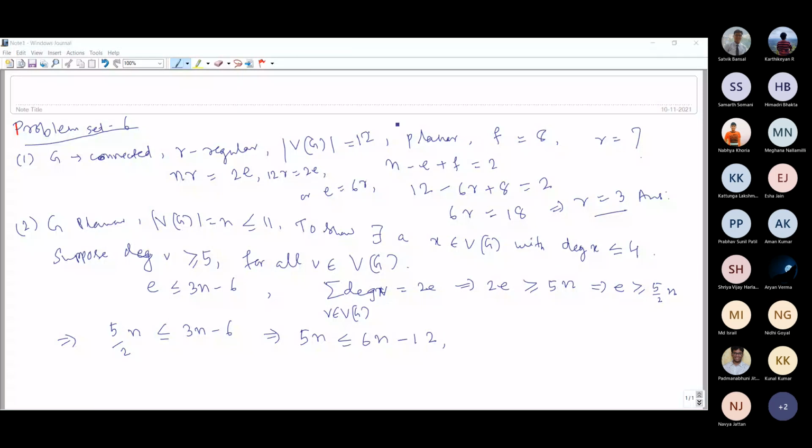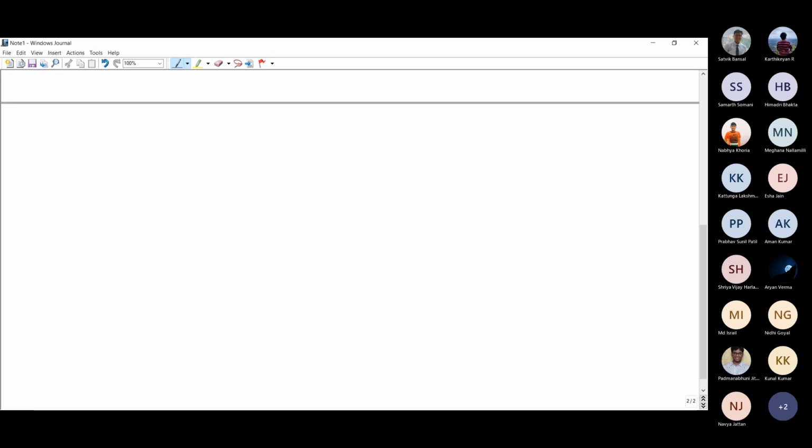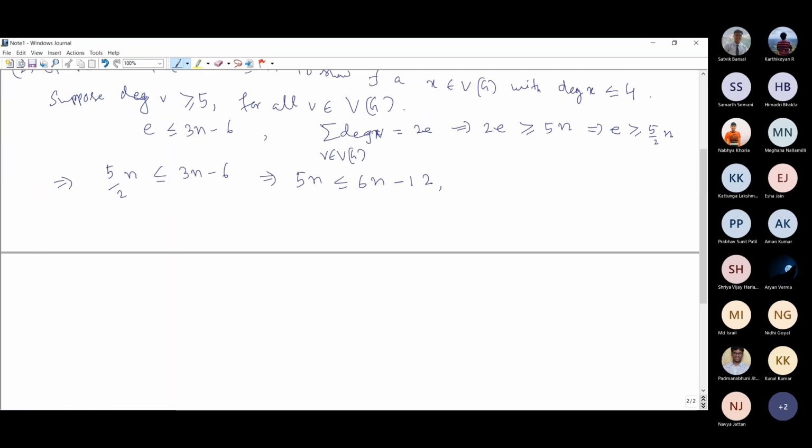Okay, let me go to the next page. So tell me what contradiction we are getting here. What contradiction we are getting here? n is less than or equal to 11.